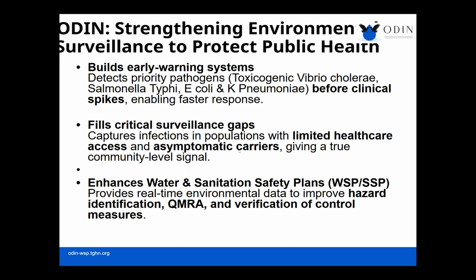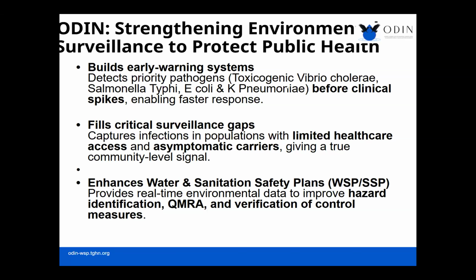After saying that, we can summarize by saying that ODIN was designed precisely to build early warning systems, through detection of priority pathogens such as Salmonella, Vibrio cholerae, and E. coli before clinical spikes, which will enable faster response. In addition, ODIN will fill critical surveillance gaps by capturing infections in populations with limited healthcare access and asymptomatic cases.